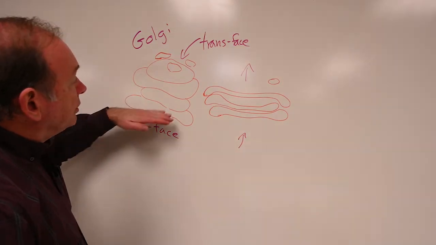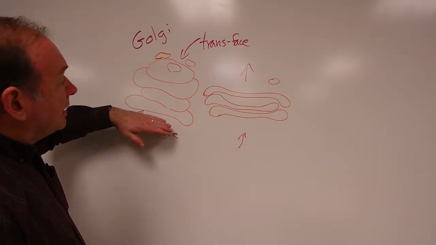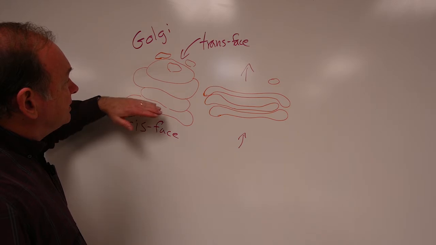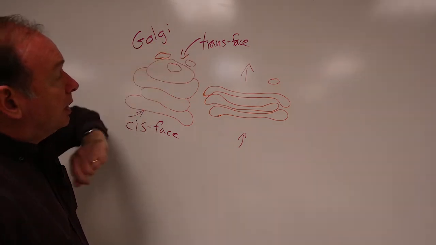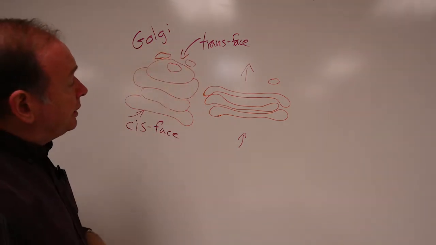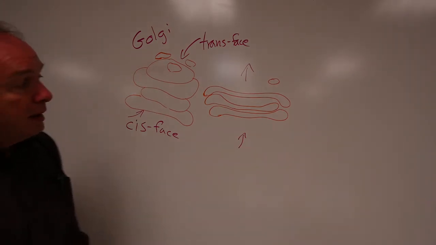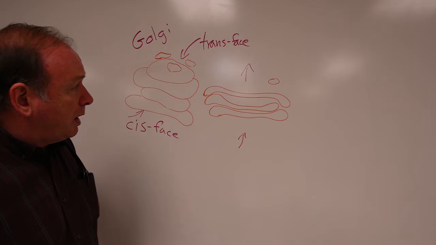So there's always one side of this, I would say it's like a stack of pancakes. One side toward the nucleus, the cis face, and then one side up here closer to the cell membrane, the trans face, and the Golgi apparatus. Simple membranous structure otherwise.